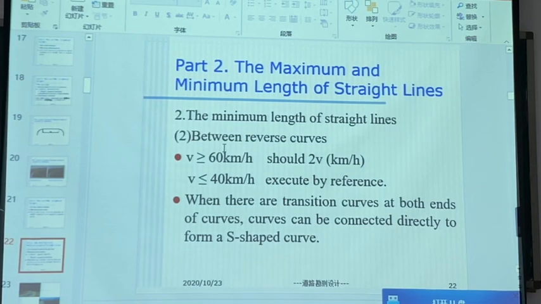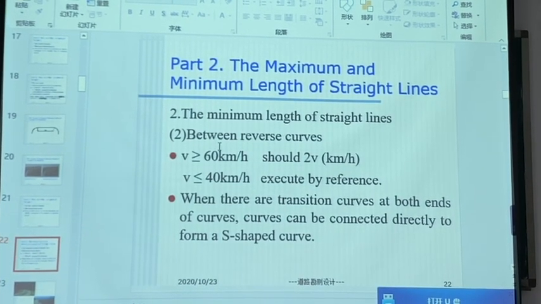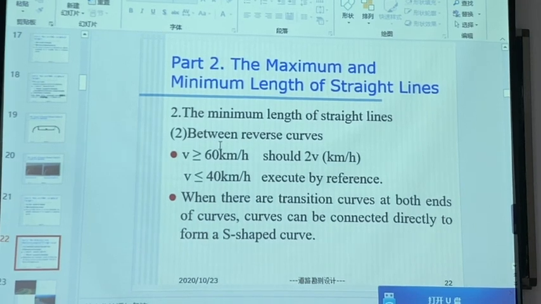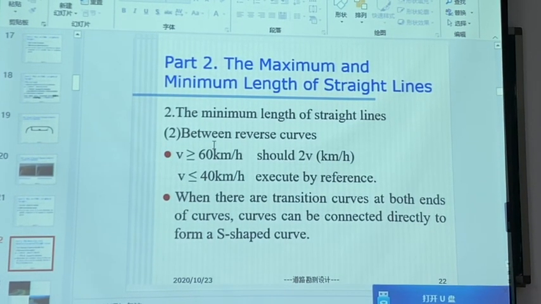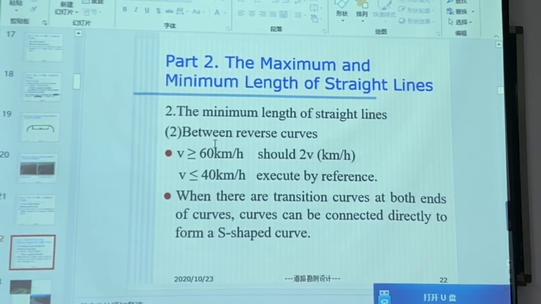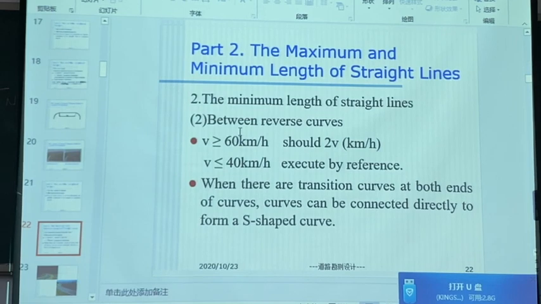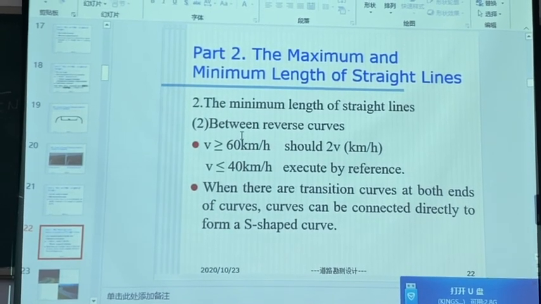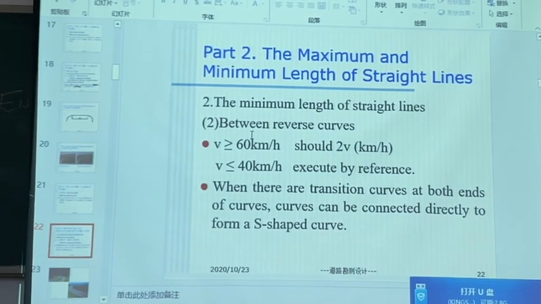This is circular curve 2. Transition curve 1 is connected directly with transition curve 2.